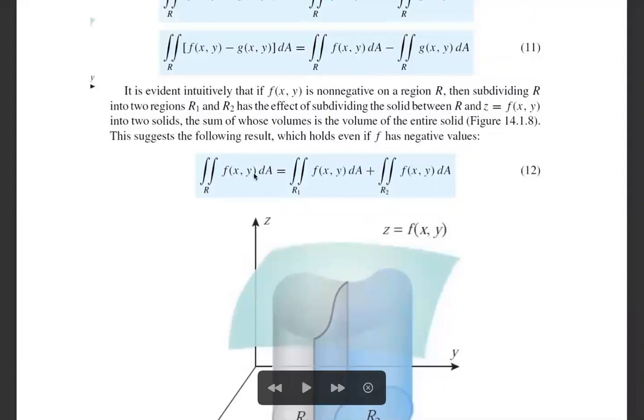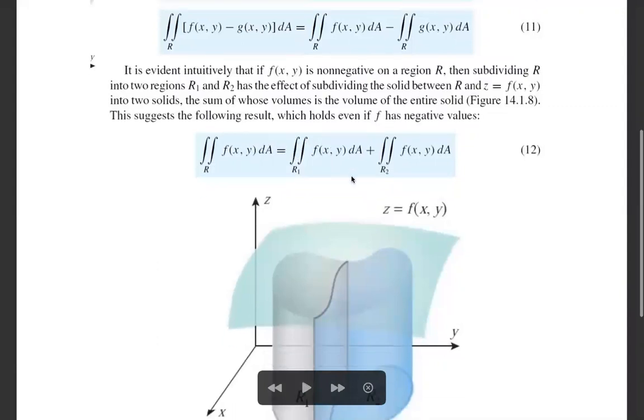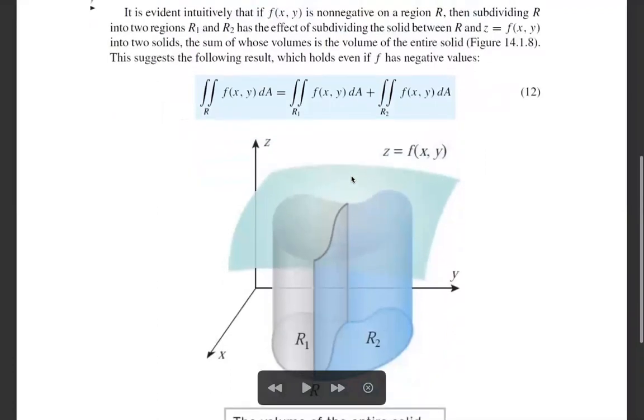The double integral over R of f(x, y) dA is equal to the double integral over R1 of f(x, y) dA plus the double integral over R2 of f(x, y) dA. As you can see here, the double integral over R of f(x, y) is equal to the double integral over R1 plus the double integral over R2 of f(x, y) dA.